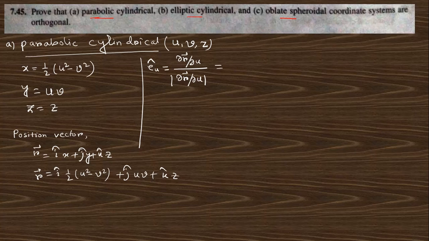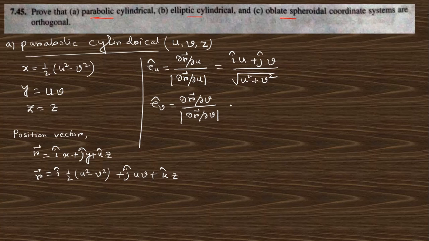What is the value of del r vector by del u? Just take the derivative with respect to u: you will get i cap u, and with respect to u, j cap v, and this will be 0, divided by root under u square plus v square. This is e u cap. Similarly, e v cap will be del r vector by del v divided by the modulus of del r vector by del v. What is the value of del r by del v?